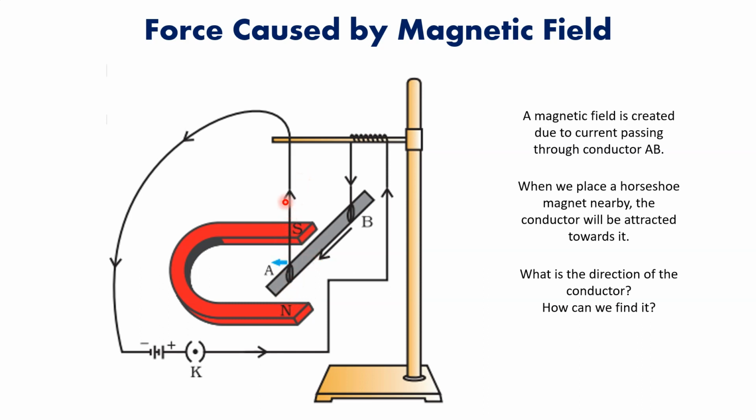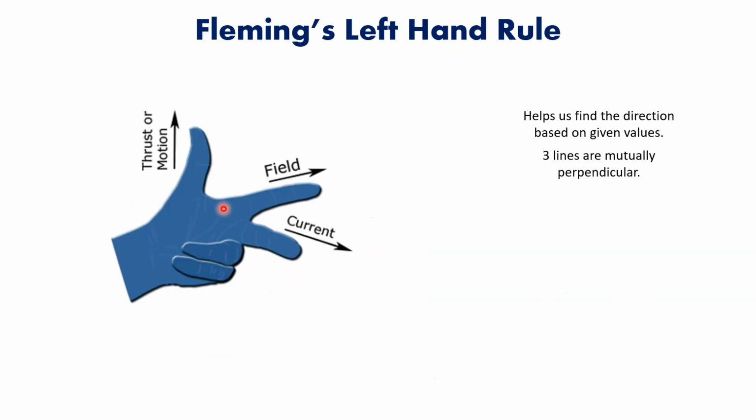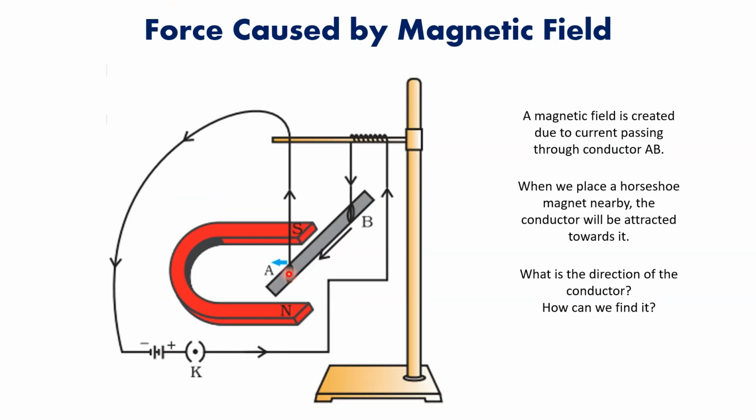So obviously we have the field and the current, so the motion would be this way, as this arrow over here is indicating. So we know the direction of the field is north to south, and the current is going this way, so the thrust of the motion would be towards this way. In this dimension, the conductor would be attracted to the magnet in a leftwards direction.